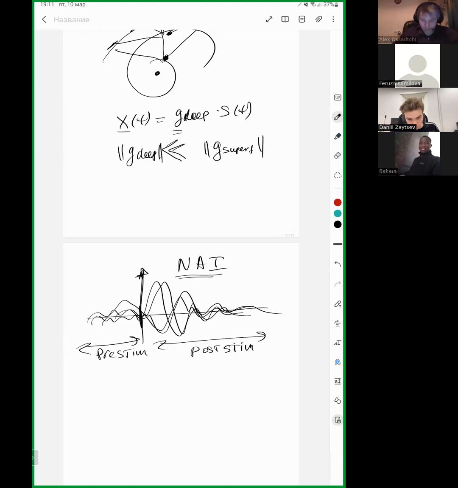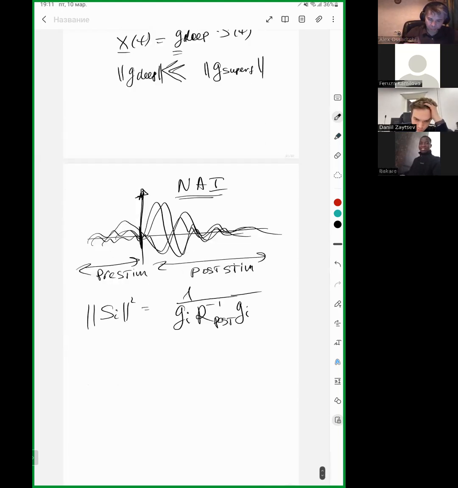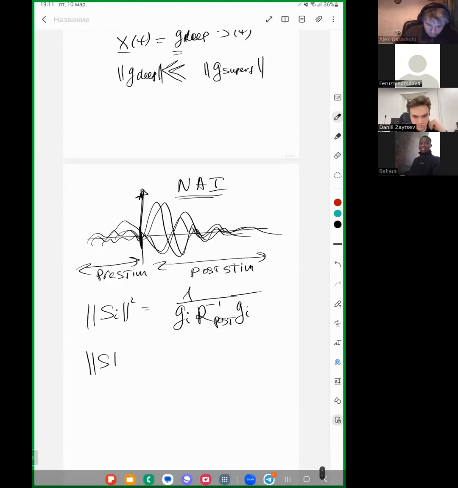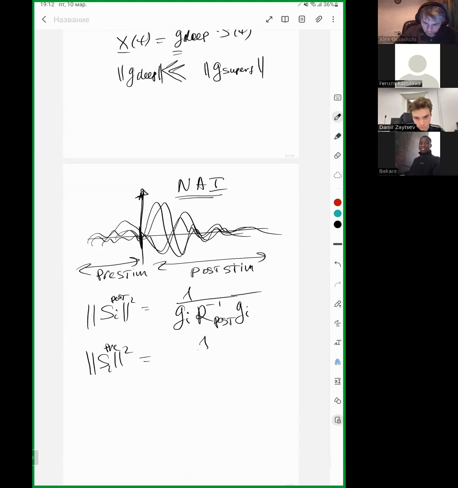And for this, for each source, you can say that the power of this source based on the post-stimulus data is this, right? And based on the pre-stimulus data for this very source, this is pre, is equal to 1 over GI transpose R minus 1 pre GI, right?